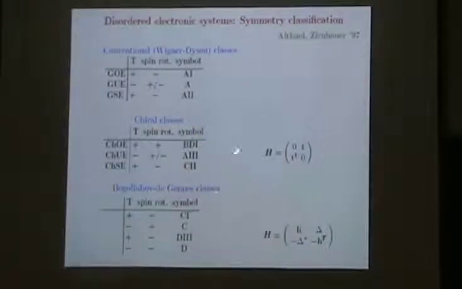However, if you are, for example, in a disordered superconductor near 0 energy, or in graphene, as I will discuss, with certain types of disorder near 0 energy, so that you have particle-hole symmetry, or something that plays a role of particle-hole symmetry, then additional symmetries will bring you to these symmetry classes.